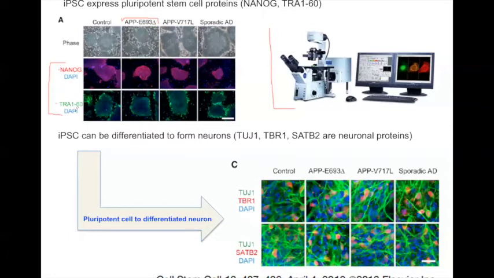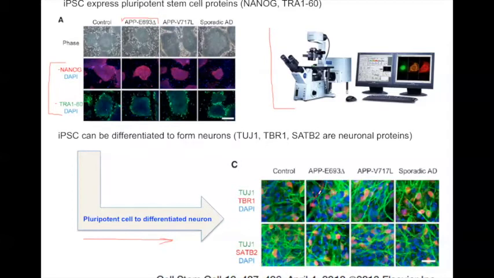It's not really important what they do. Suffice to say that we only see these proteins in stem cells. What they then did was they took these stem cells and using the appropriate morphogens, they have now created differentiated neurons. And this is exactly what you can see here. So now we're looking at these fluorescent images. You can see these sort of tangle-like things here.